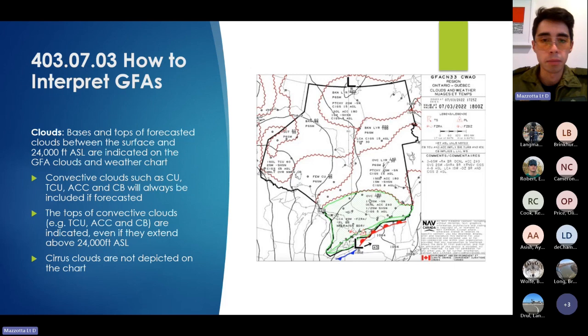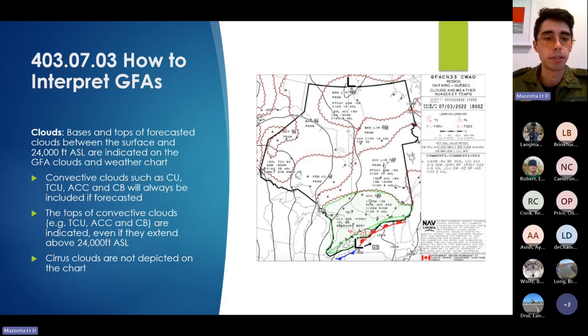Now talking about clouds a little bit. So cloud bases and tops of the forecasts are going to be on there, and they only go from the surface to as high as 24,000 feet. So you won't see clouds reported higher than that. And just to be clear, it's also going to be ASL unless indicated for AGL. Convective clouds are going to be abbreviated as CU, TCU, ACC, and CB.